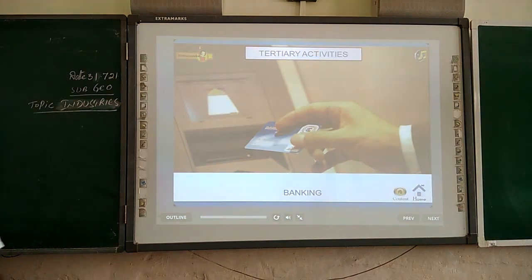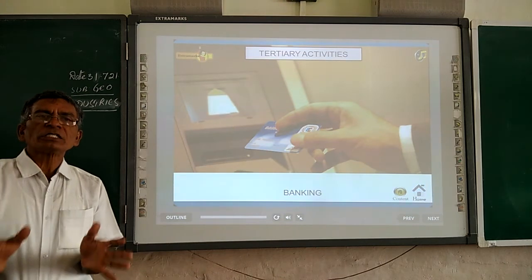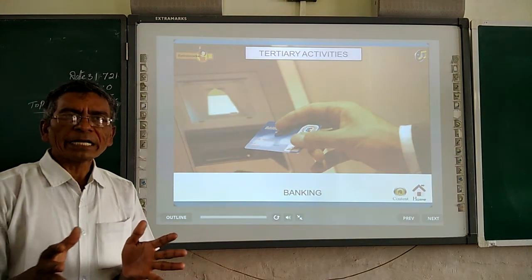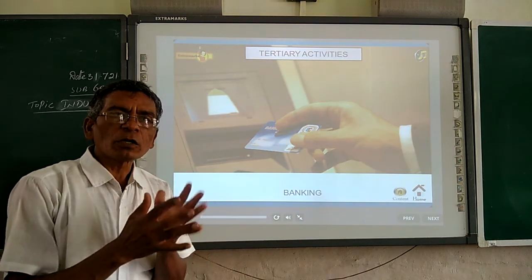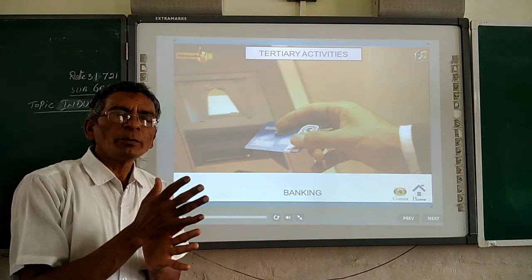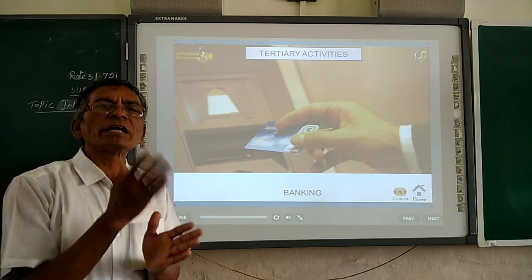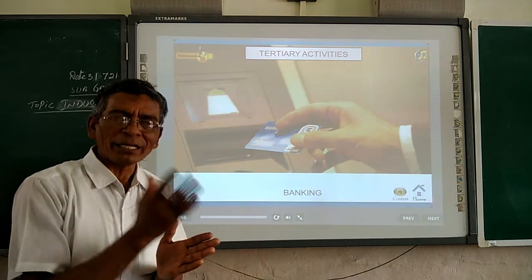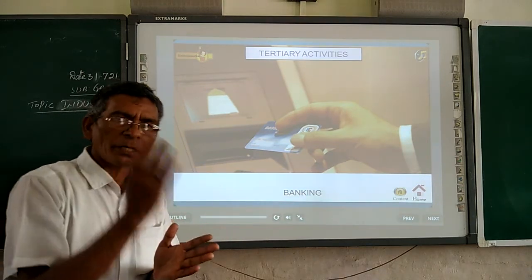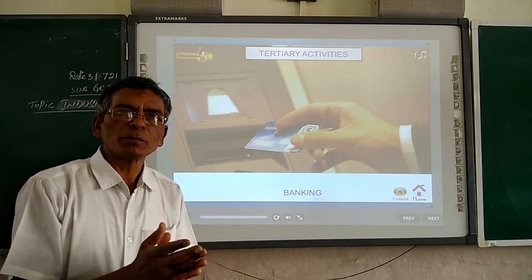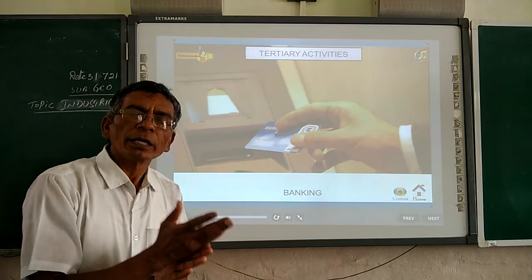Tertiary activities include the law system and banking activities. Tertiary activities are not productivity areas, they are service oriented. These activities are not manufacturing, they are not producing. They are supplying, they are doing service. For example, take banking, nurses, doctors, teachers, professors, postal, telephone.